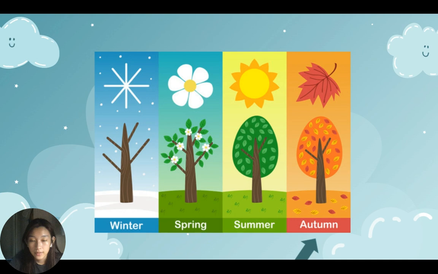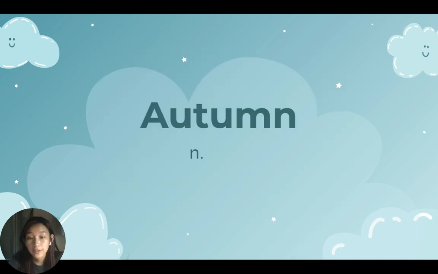It is autumn. Please repeat after me. Autumn. Autumn. So you can know that autumn means 秋天 in Chinese. Autumn means 秋天. Yes. Okay.